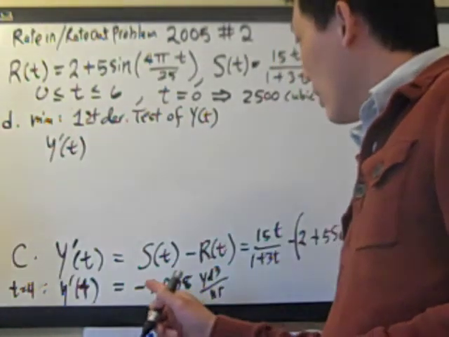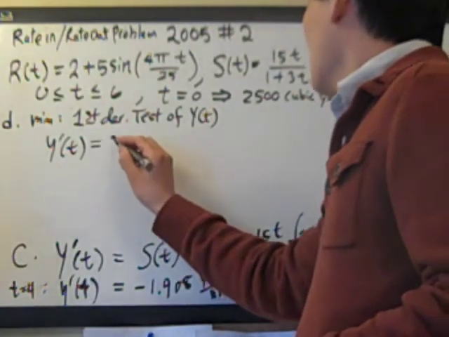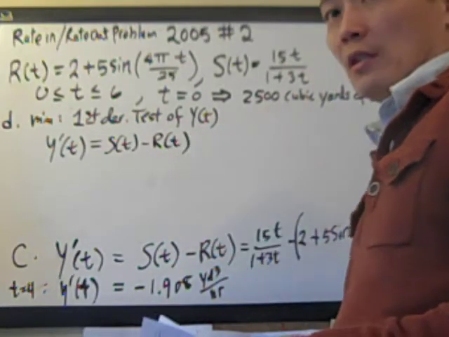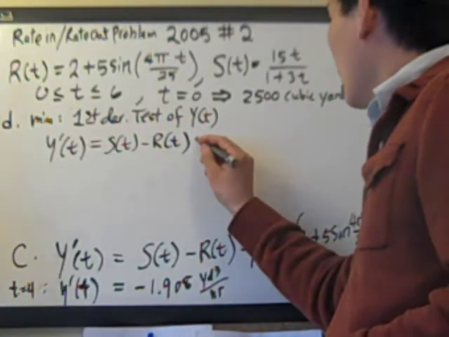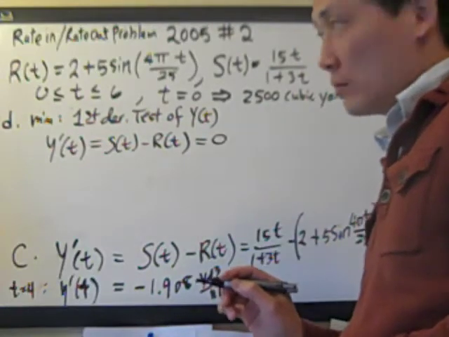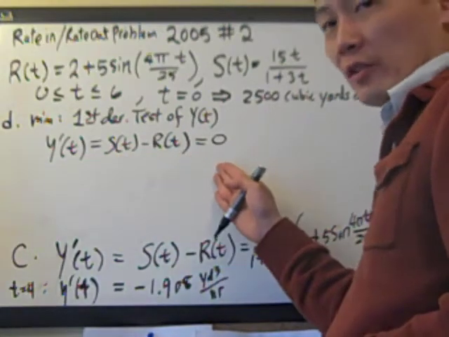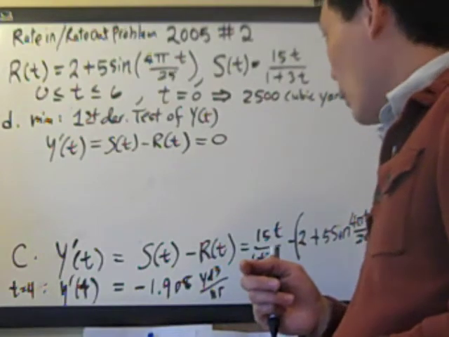Now notice, y prime of t was S of t minus R of t. And for the first derivative test, we had to take the y prime and set it equal to 0. Now we don't have y prime of t, but we have S of t minus R of t. It's given to us right here at the beginning of the problem.